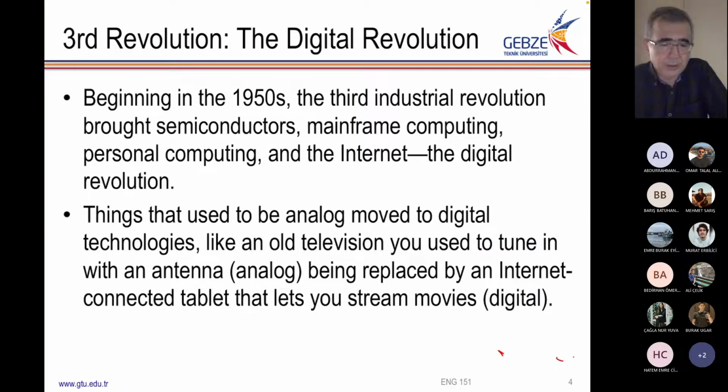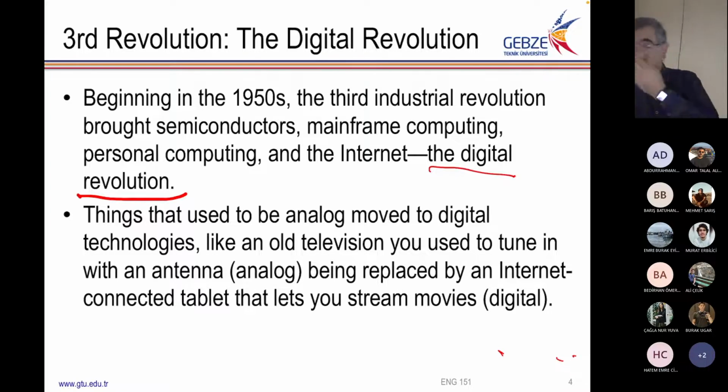The Third Revolution, the digital revolution, started in the 1950s. It brought semiconductors, mainframe computing, personal computing, and the internet, taking us to the digital revolution, and furthermore to the Fourth Industrial Revolution, which we will be discussing next week.